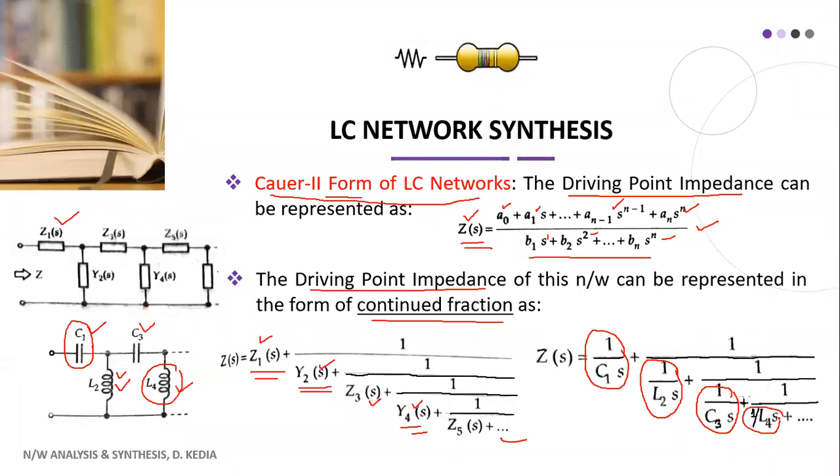If you memorize these general representations of the Cauer 2 form of LC networks, then very easily you can write this continued fraction approach. Now let us move to the steps of synthesis of the Cauer 2 form of LC network.